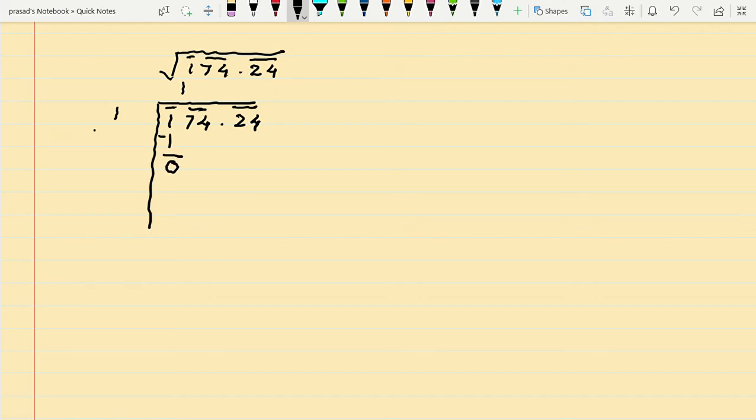Now add the quotient to the divisor. 1 plus 1 is 2. Take the next group down. 74. So to 2, suffix a number and multiply by the same number. So since the first digit is 7 here and the divisor is 2, try for 3. So suffix 3 and multiply by 3. 23 3s are 69.